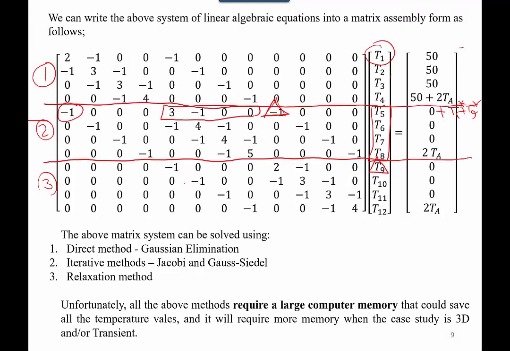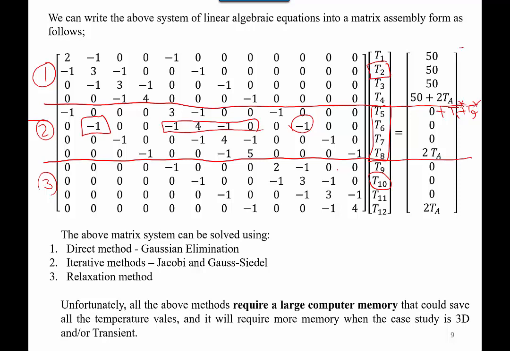And when we do the second row, we keep these numbers and multiply by T5, T6, T7, T8, and the only thing left here is this number will be multiplied by T2, and this number will be multiplied by T10.